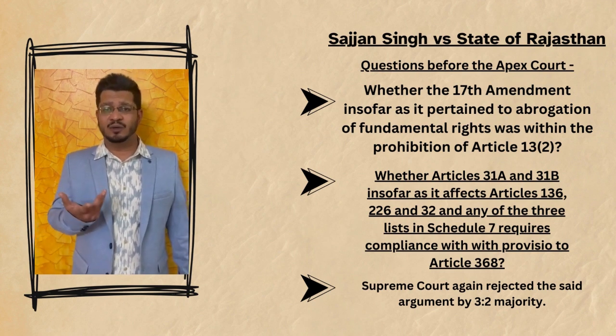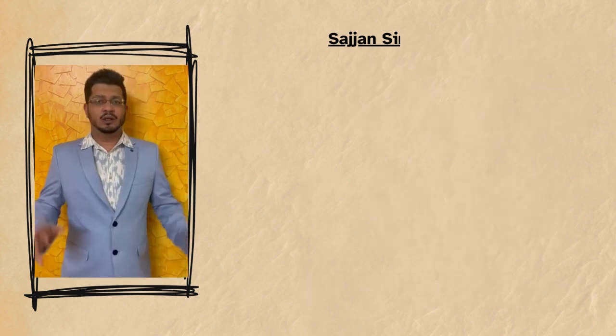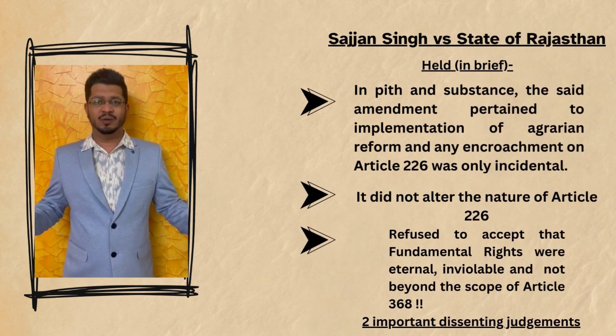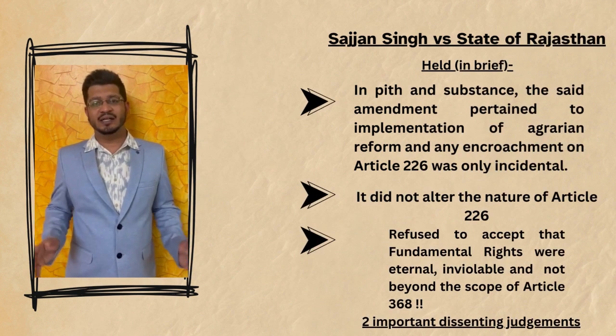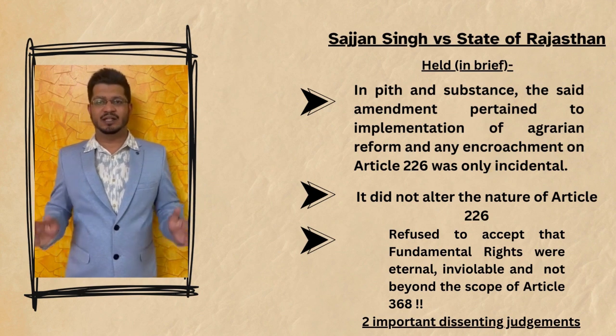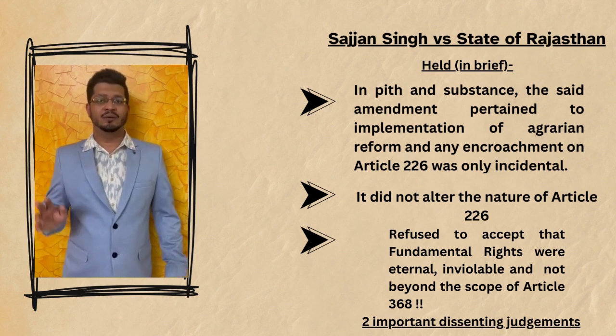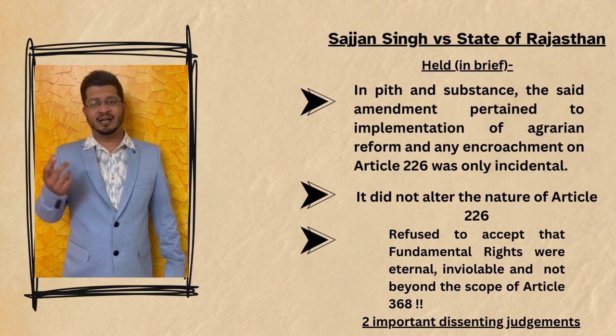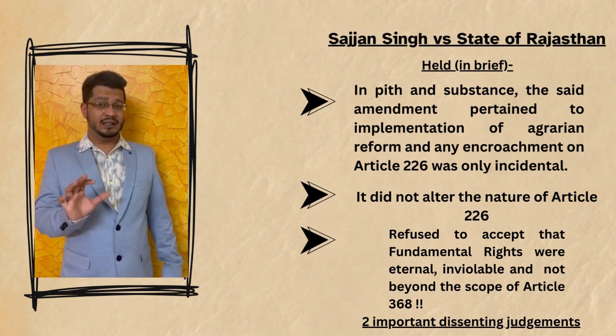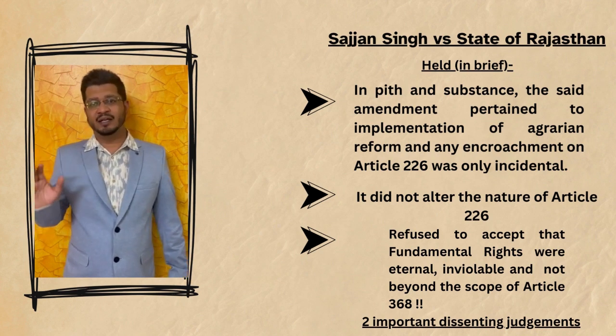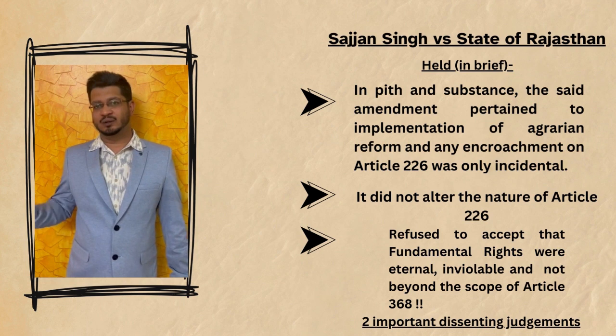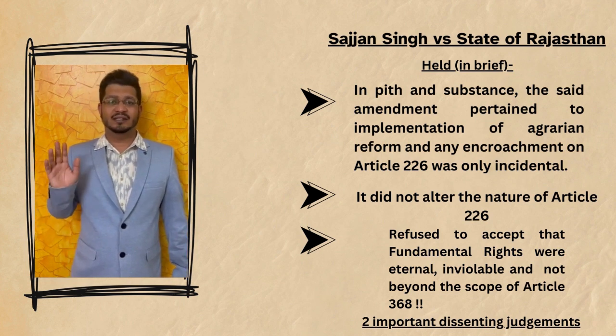What did the Supreme Court decide? What was its decision? Quite unsurprisingly, the Supreme Court upheld its earlier decision in the Shankari Prasad case. First of all, it was held that the fundamental rights were not eternal, inviolable, and therefore they were not beyond the scope of Article 368.